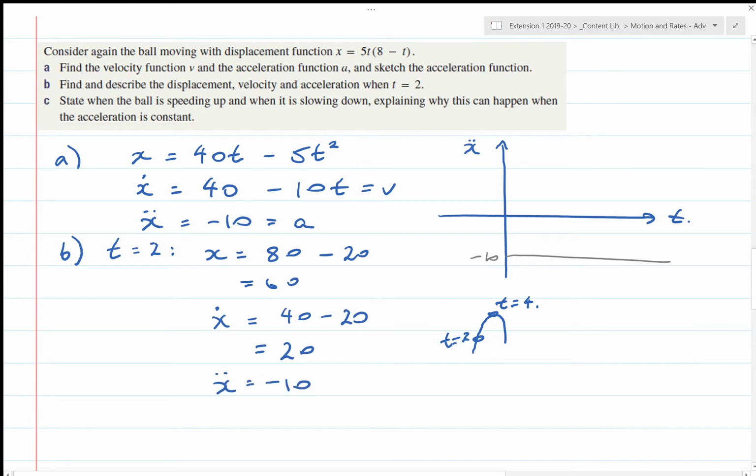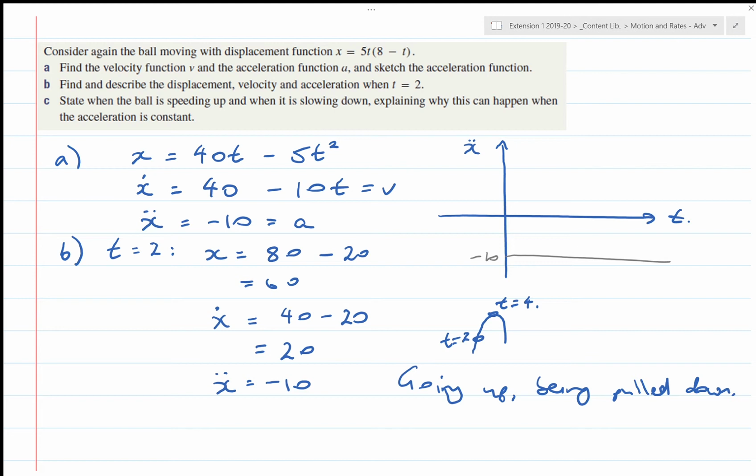So it's going up, being pulled down. So it's slowing, right? So it's like you're driving your car and you're moving forwards, but you're applying the brakes. So you've got a negative acceleration force, which is braking, but you're still moving forwards, you're just slowing over time.